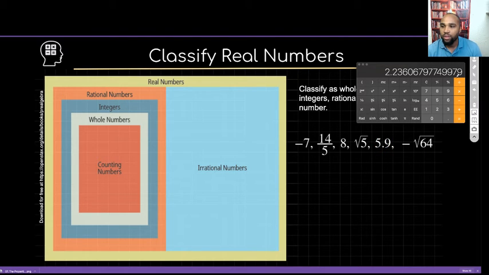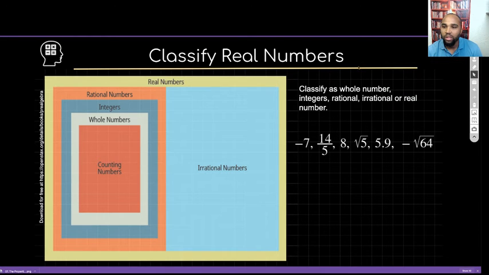Now here's a little bonus that I will include, because it's kind of weird when they talk about real numbers as if there's such a thing as non-real numbers or imaginary numbers. Why would they call them real numbers and not just simply numbers? Well, funny enough, there is such a thing as imaginary numbers.